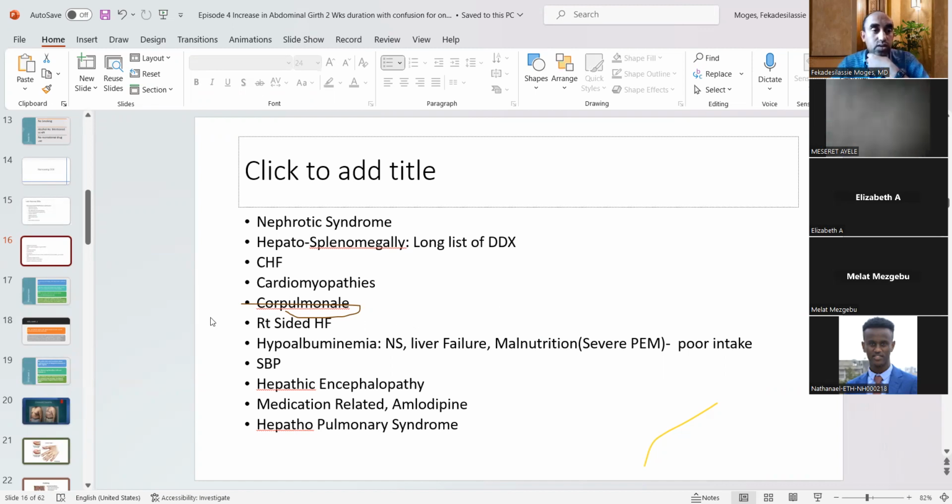Sounds good. And what other system do you want to examine? And don't forget digital rectal examination. If a patient has GI bleeding, you may notice the presence of melena or dark stool.